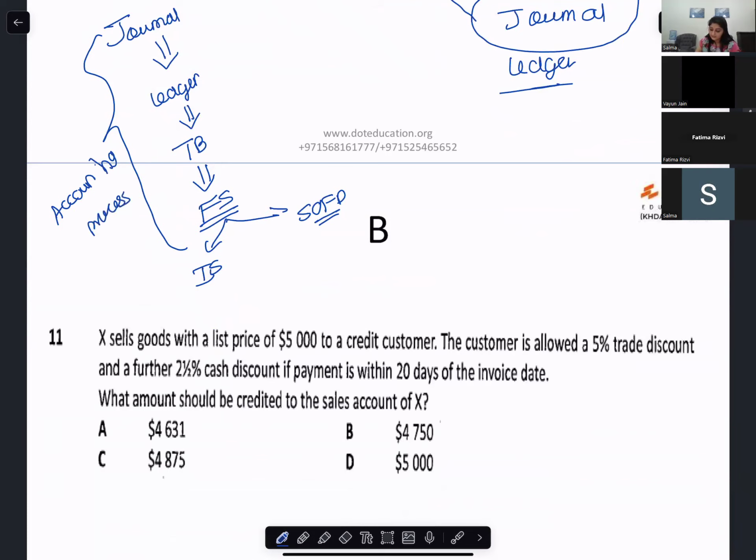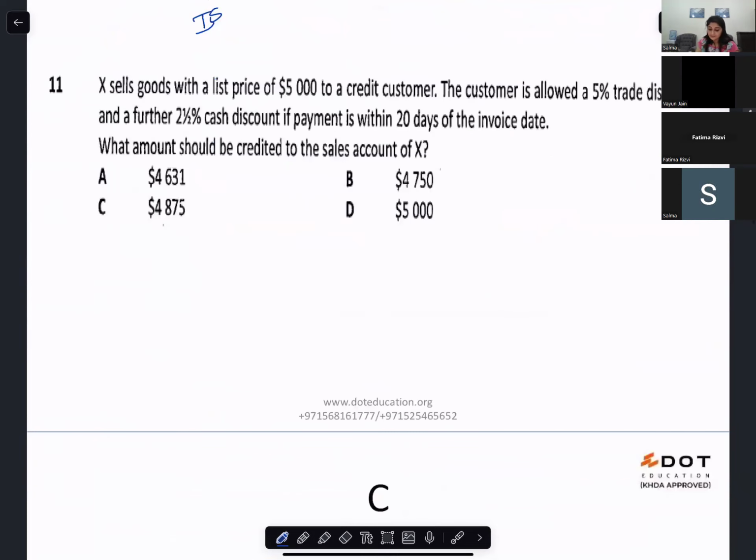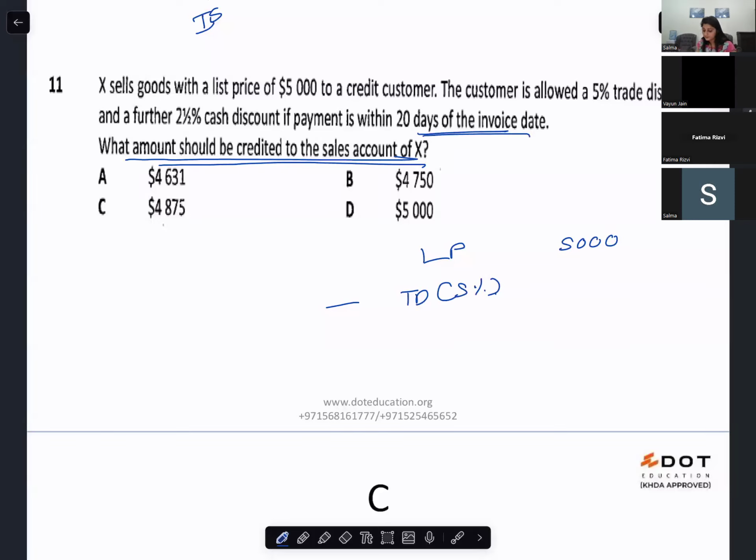Fatima, next one. X sells goods with a list price of 5,000 to a credit customer. The customer is allowed a 5% trade discount and a further 2.5% cash discount if payment is made within 20 days of the invoice date. What amount should be credited to the sales account of X? Would purchases and sales entry be at net list price or net list price minus discount?